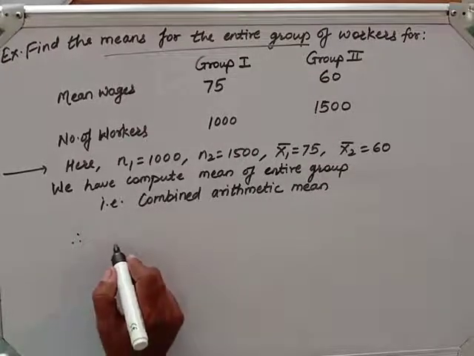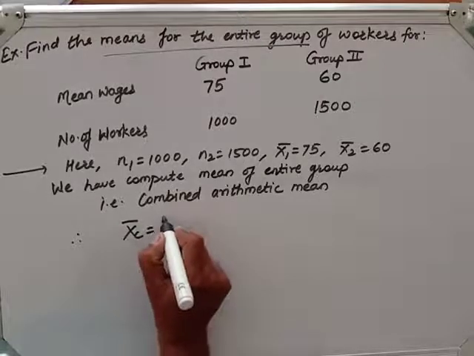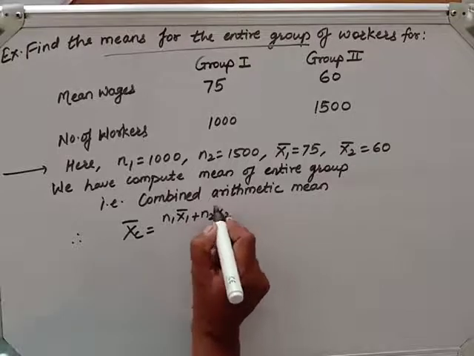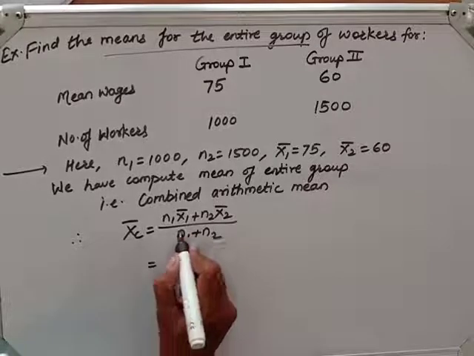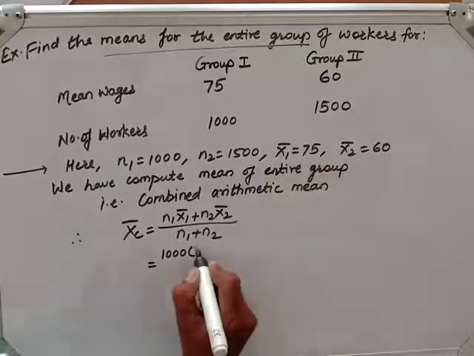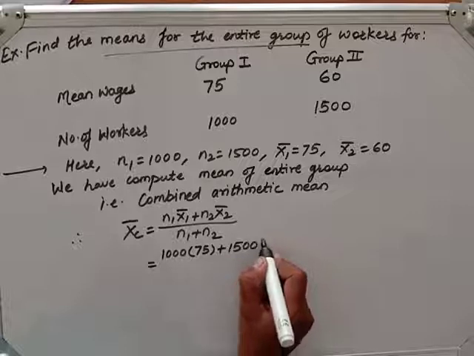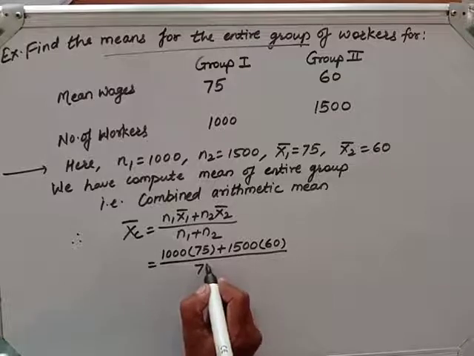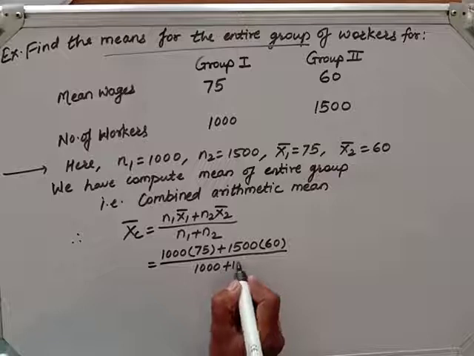Therefore, we have the formula: xc bar is equal to n1 x1 bar plus n2 x2 bar upon n1 plus n2. So n1 is 1000, x1 bar is 75, plus n2 is 1500 and x2 bar is 60, upon 1000 plus 1500.